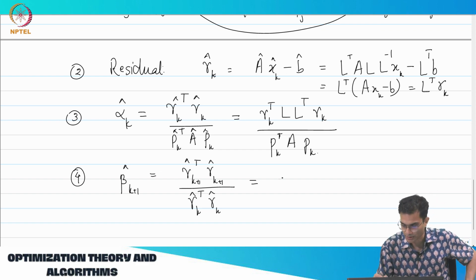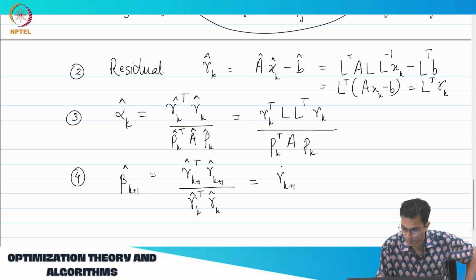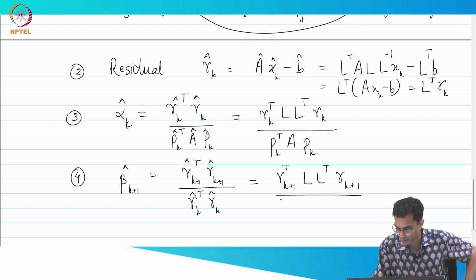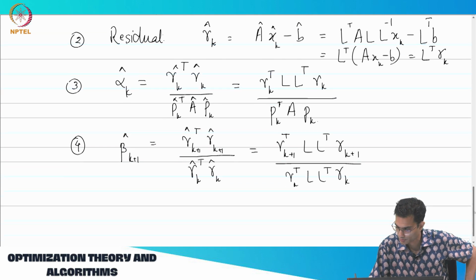This is very similar to step 3. I am just going to get LL transpose rk divided by rk transpose LL transpose rk, right.